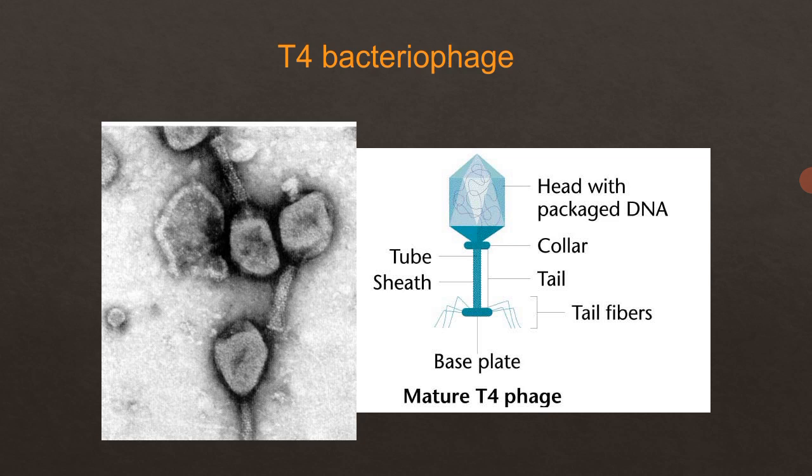This is how the bacteriophage gets entry into the bacterial cell, and each of its body parts is involved in its replication and its movement into the bacteria, that is its host. This is the structure of the T4 phage. We have some other types of phages also, such as the T2 phage, T4 phage, and lambda phage.